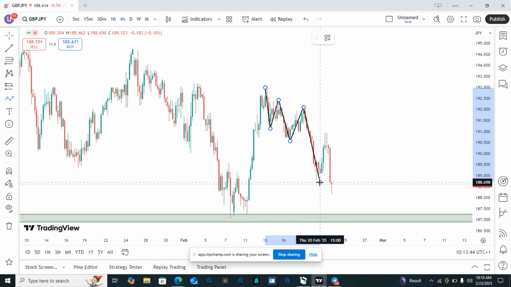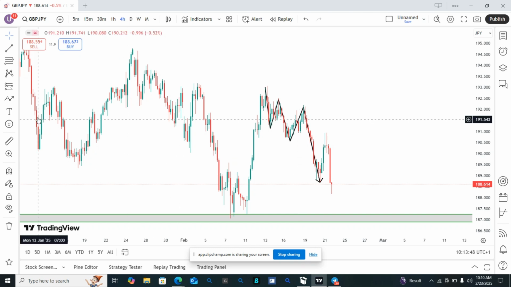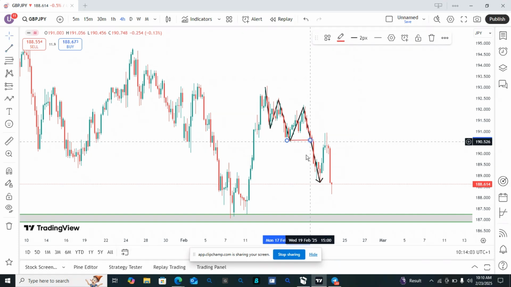What made me start looking for a sell opportunity? Because the price has created a new lower low and broke below this structure here. We broke below it, and overall the price is bearish. So when we broke this structure, I started positioning for a trade.